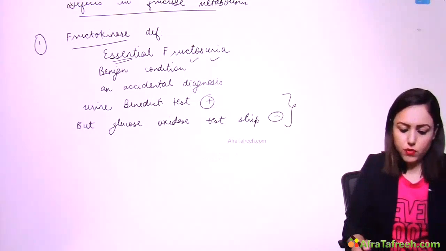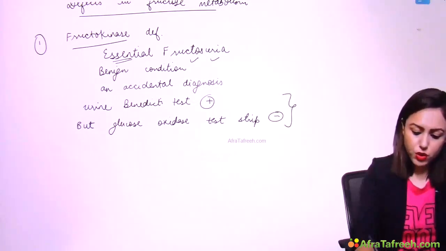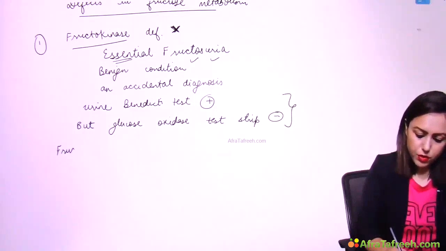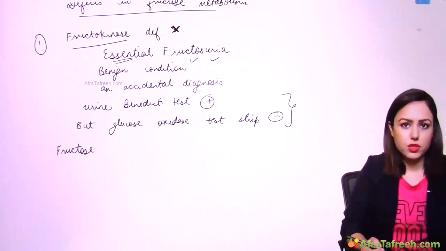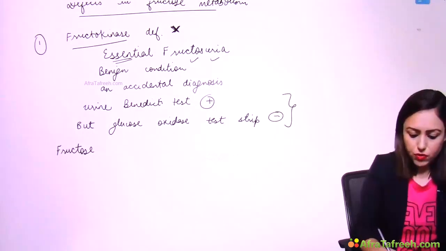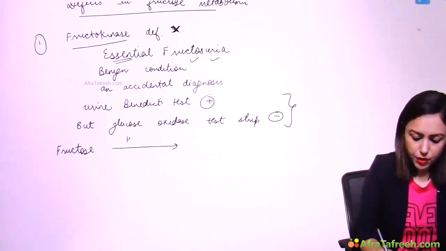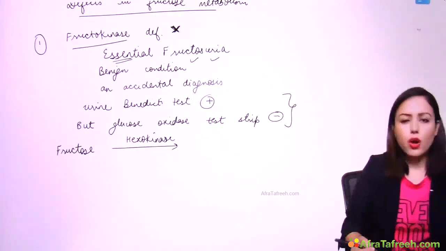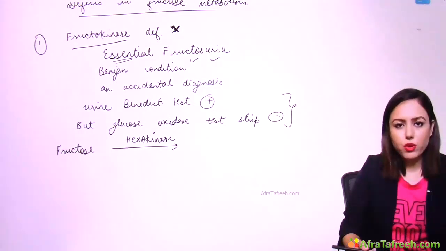Now, what happens here when the fructokinase enzyme is not present? Then fructose is not metabolized, right? Now, fructose will be taken up by the hexokinase enzyme. Not much fructose will be taken by hexokinase.